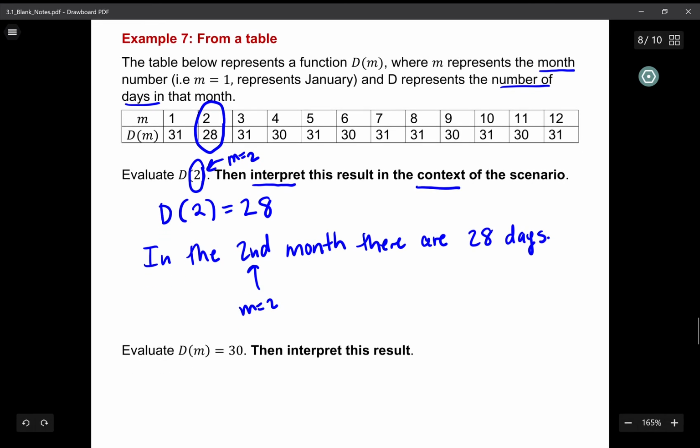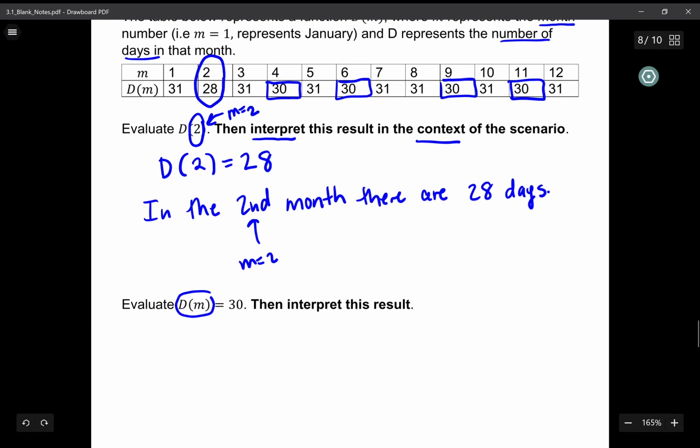All right, let's look at this one. Evaluate d of m equals 30, then interpret this result. So now I want to know when my output is equal to 30. Well, let's look at my chart and see when my output equals 30. Well, here's one. Here's another one. Here's another one. And one more.